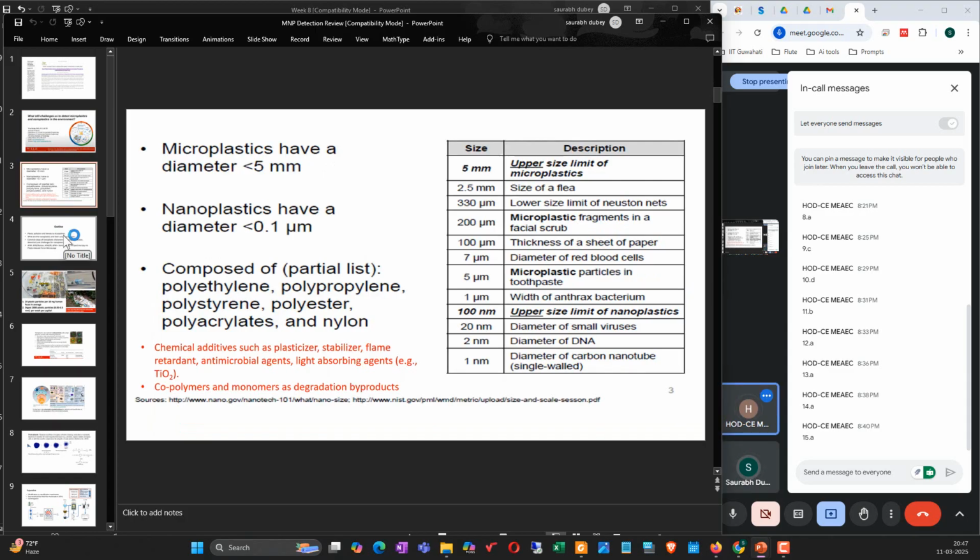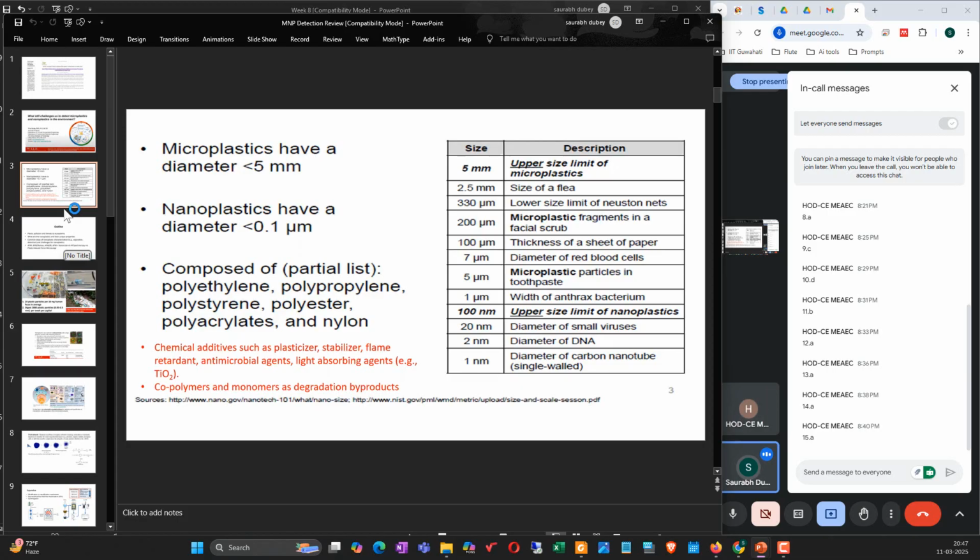And there he discussed lots of different methods to detect the plastics. But the main problem is that if pure plastic is there, suppose small size micro or nano polystyrene, then they are using lots of different costly analytical techniques and equipment, for example FTIR, Raman.